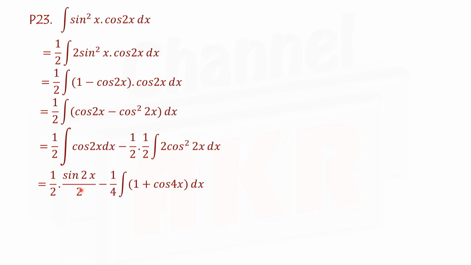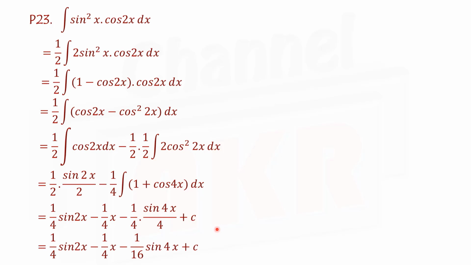Okay, then integration of this portion is already done, and this portion will be integration of 1 and integration of cos 4x. This will be actually 1 by 4 here, and then x, integration of 1 with respect to x is x, and again 1 by 4, integration of cos 4x is sin 4x by 4.